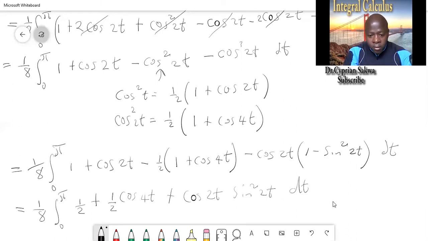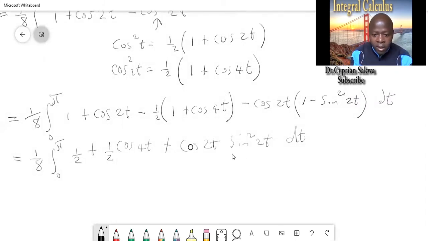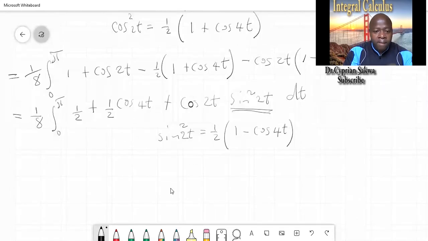We are now ready to integrate, but we must change something here. You cannot integrate it this way. So you must recall that from the start we said sine square t, so if this one is 2t, then we would have a half into 1 minus cos 4t. So again, let's just substitute that.